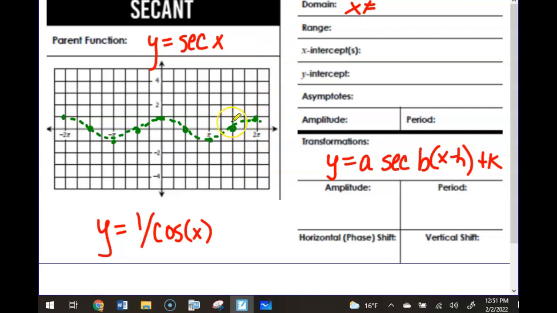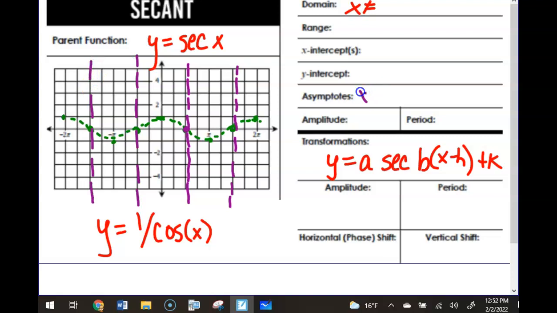Okay. What I explained a minute ago, how do you figure out where the asymptotes are? Wherever that original graph did what? What values are undefined when you divide by 0? So every place that this had a 0, which was at pi over 2, and 3 pi over 2, and negative pi over 2, and negative 3 pi over 2.